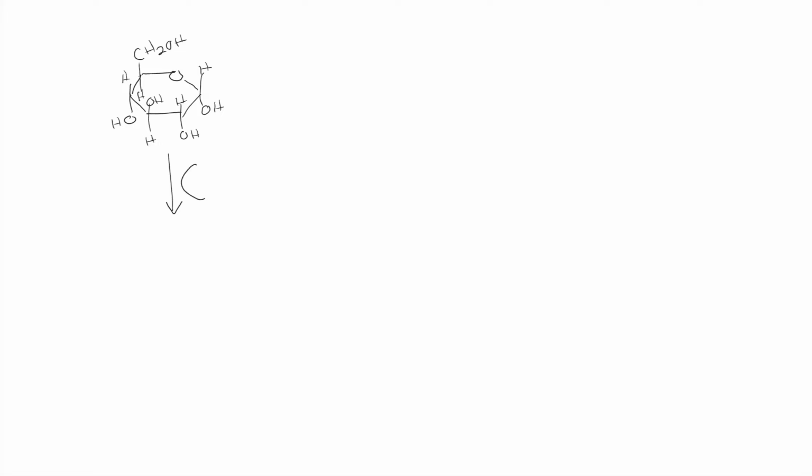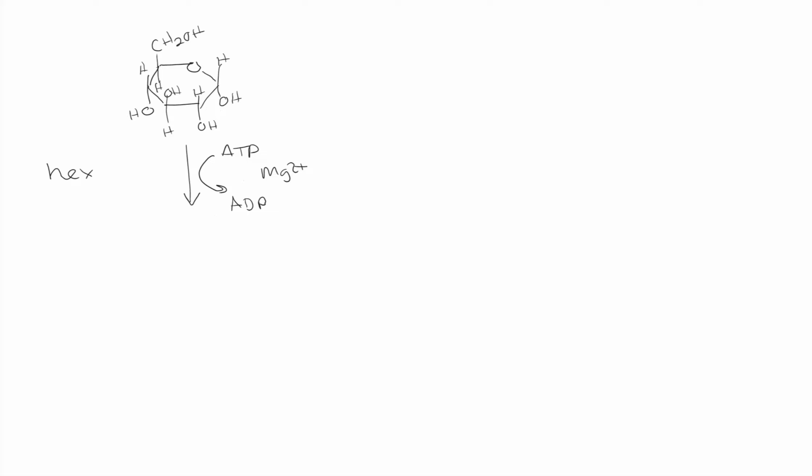So we're going to have an investment of ATP, in the presence of magnesium, going to ADP, and this is going to happen through the enzyme hexokinase or glucokinase, depending on the isoform of the enzyme.